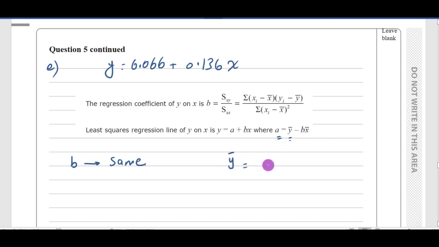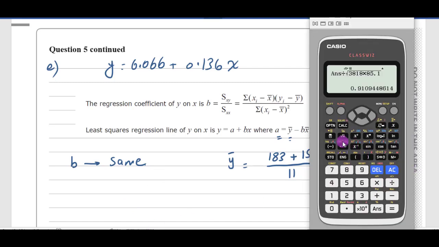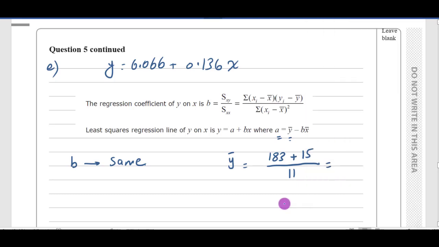Y bar is equal to the previous 183, plus the new one, 15, divided by the total number now, 10 plus 1, which is 11. So y bar is equal to 183 plus 15 divided by 11, which is 18.